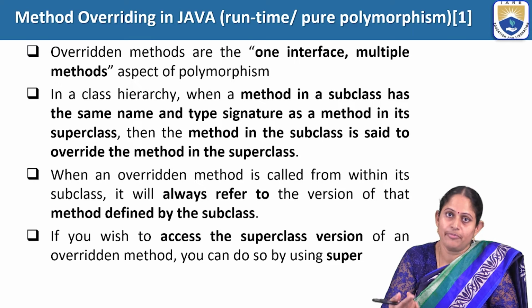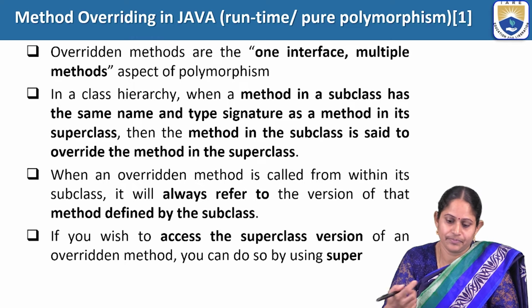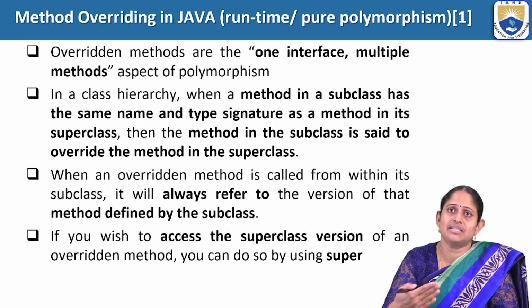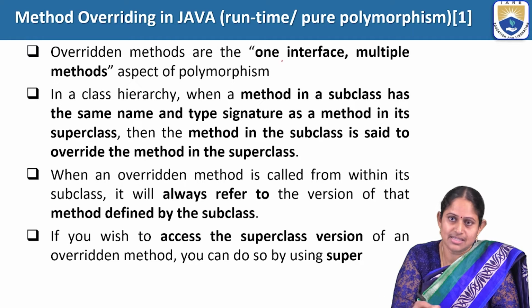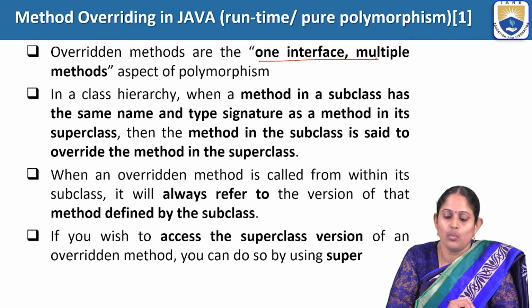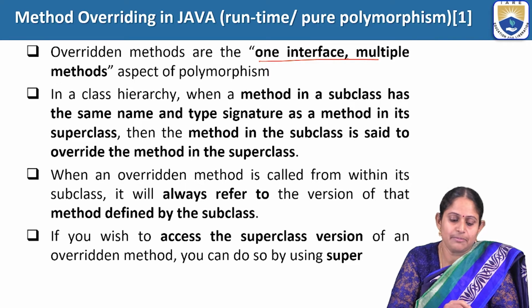That means the number of parameters and the type of parameters passed will be the same in method overriding, and all the methods will have the same name. This overriding method is the implementation of the one interface, multiple methods aspect of polymorphism.